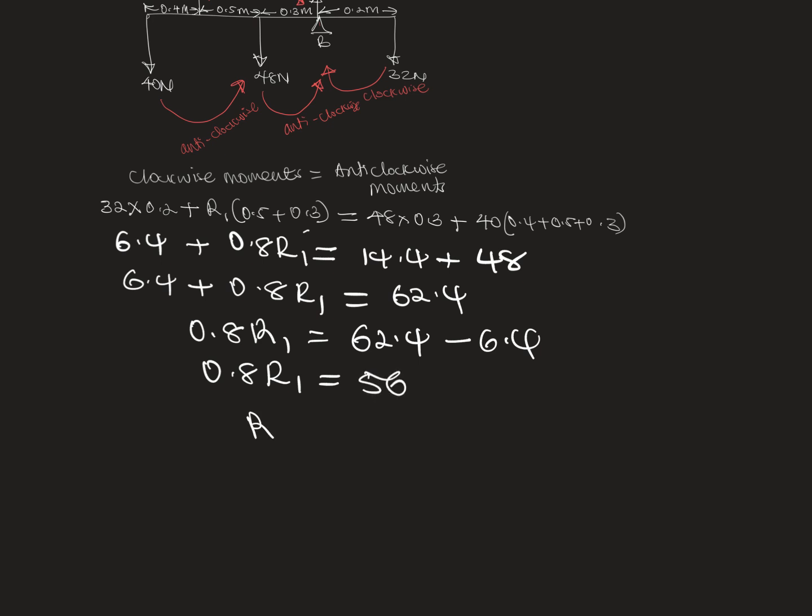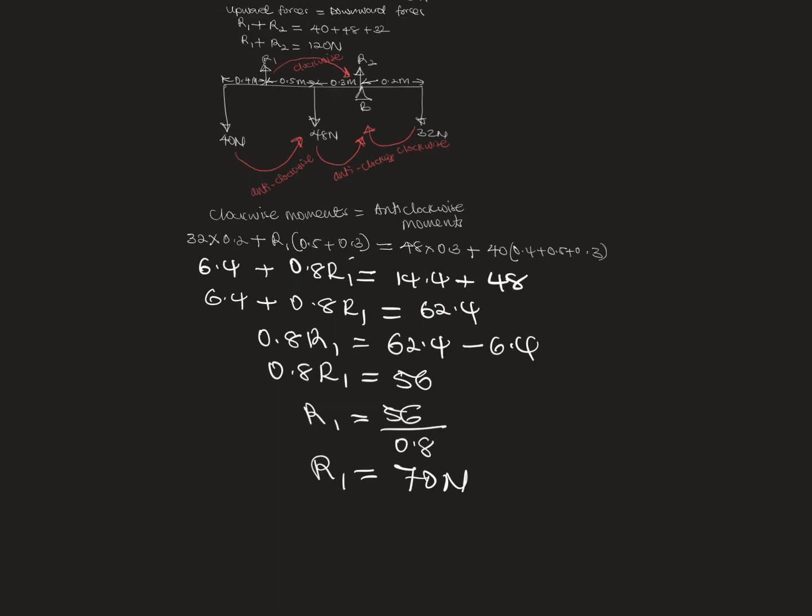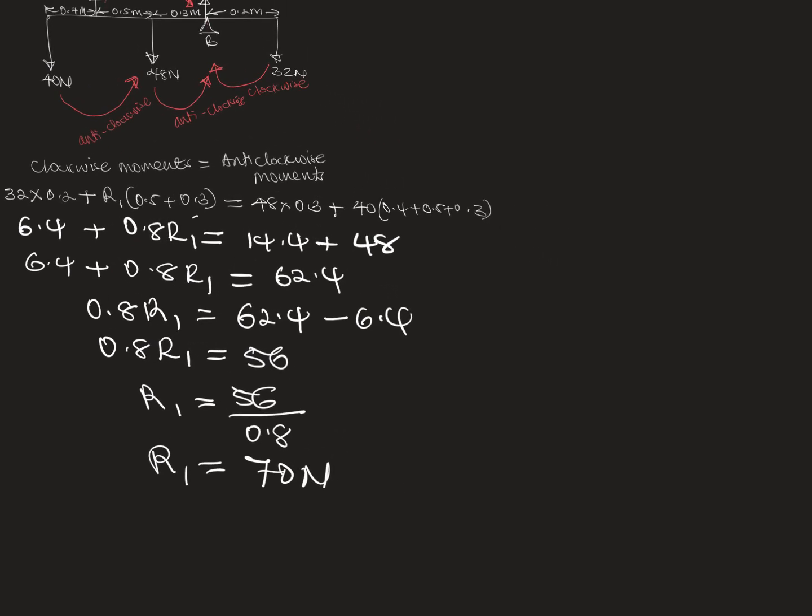So to have R1, you will say 56 divided by 0.8. R1 is equal to 56 divided by 0.8. We have 70 newtons.